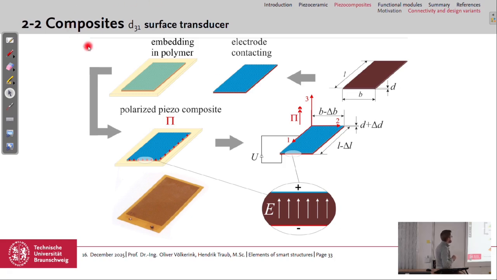And if we use 2-2 composites for surface transducers, then we have the field in thickness direction, but as always for surface transducers, we want to use the in-plane elongation, and therefore here the D31 effect is used. The manufacturing process is the same. We have the composite, the electrodes applied, embedded in a polymer around. So this is already the composite, but we embed it in more polymer for the functional module. We will see later on the manufacturing of the transducers.